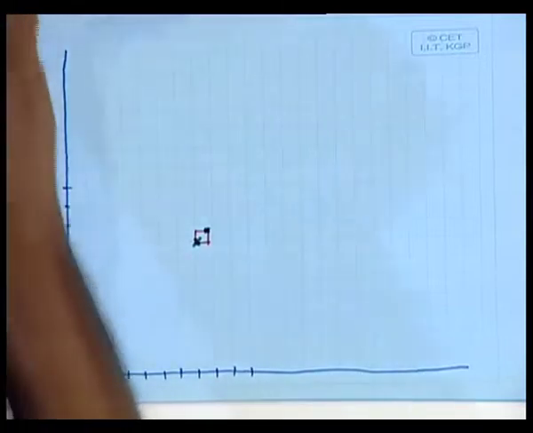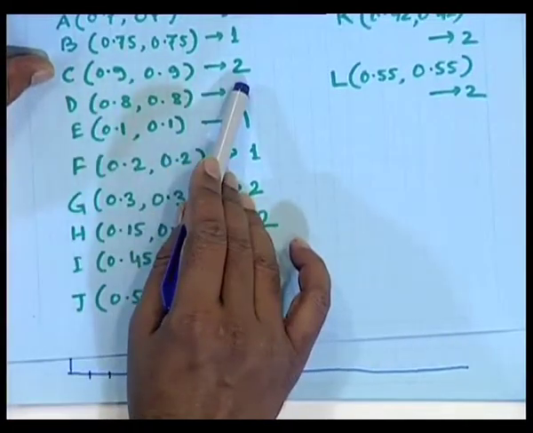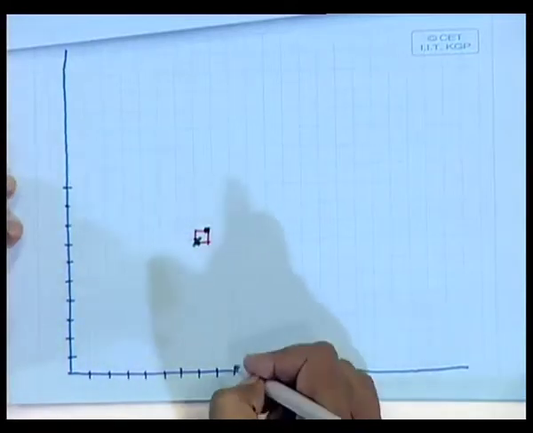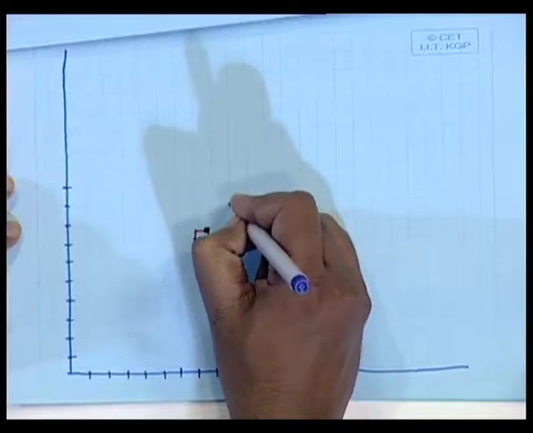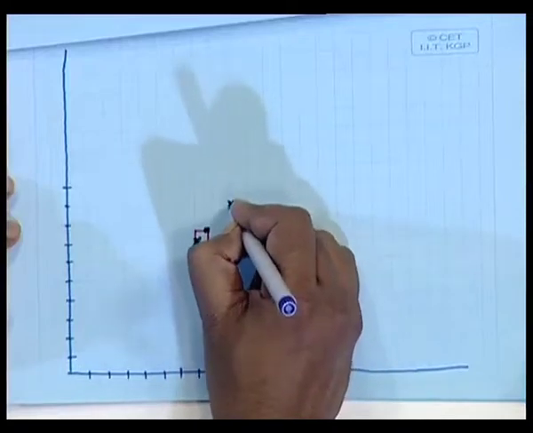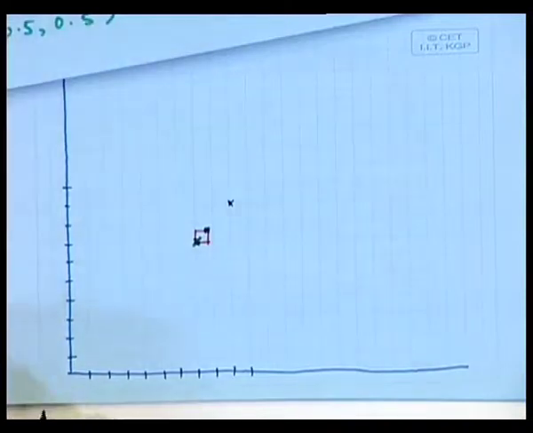Next, I have a point given by 0.9, 0.9 which belongs to class 2, a point over here. The next one is 0.8, 0.8, that also belongs to class 2.